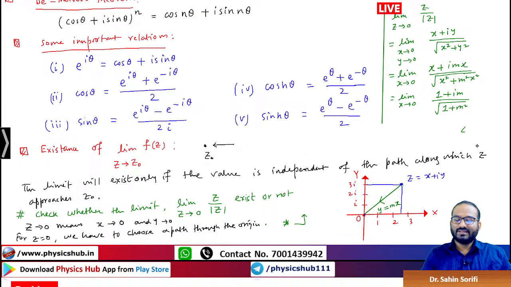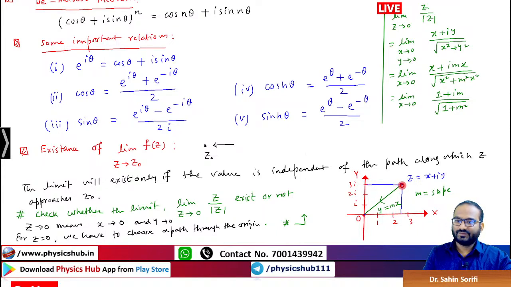Now, is this thing independent of the path? Tell me guys. In the definition I told you the limit will exist only if the value is independent of the path along which z approaches z0. But as you can see, the limit is depending on the value of m. m is the slope. So if you take up this path, then m will be different.